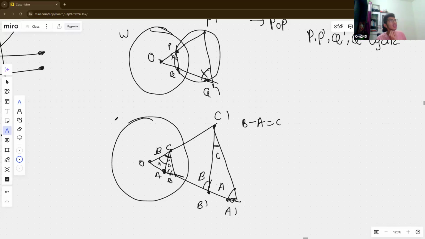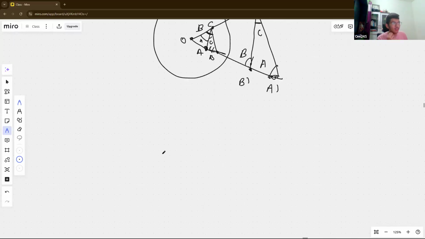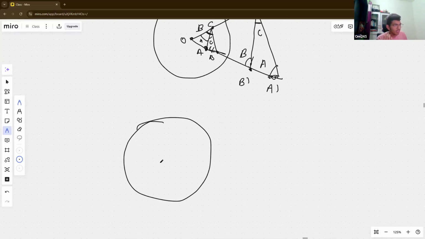Now we will cover another nice part of inversion. We will start with why we are using inversion basically. If you consider any line, and this is the center O, where will this line go to?